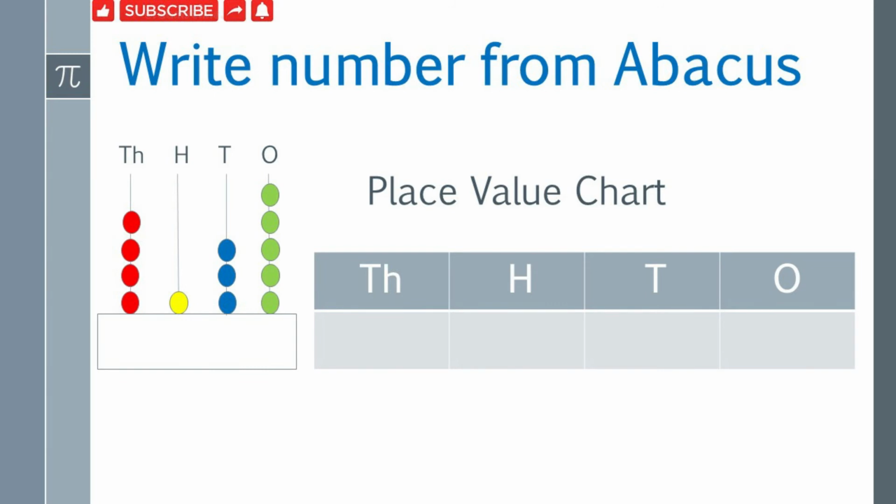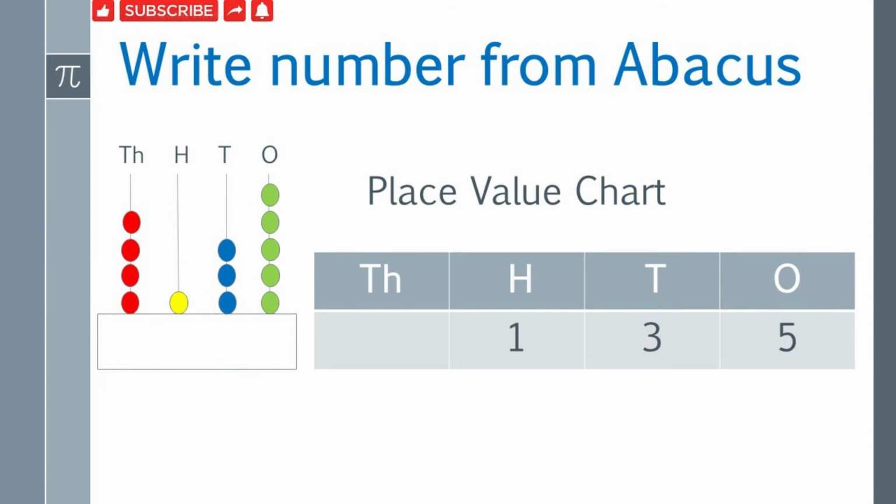Children, as you can see, we have 5 green beads at ones spike. So we will put 5 at ones place in the place value chart. Similarly, we have 3 blue beads at tens spike. So we put 3 at tens place in the place value chart. Next, we have 1 yellow bead at hundreds spike.